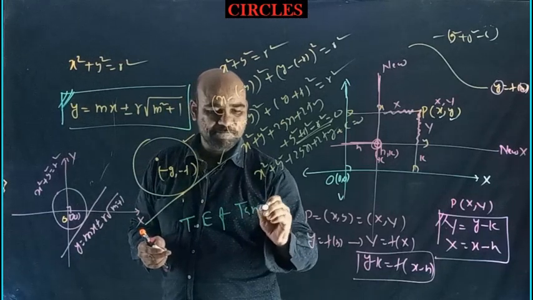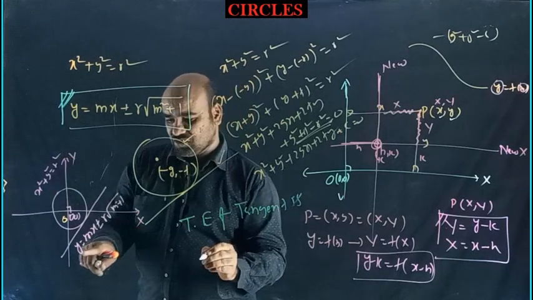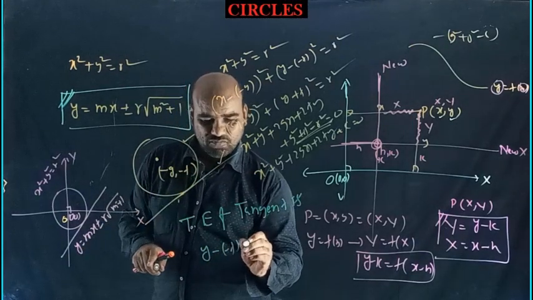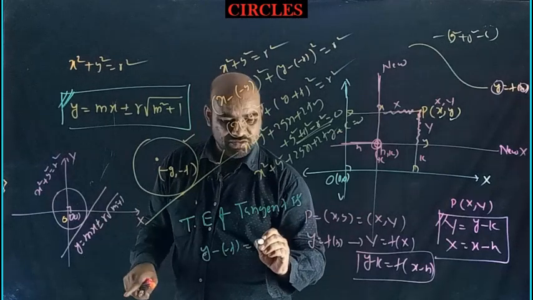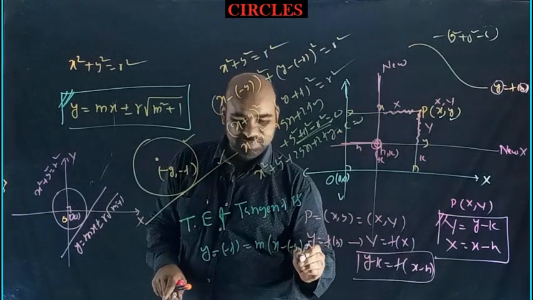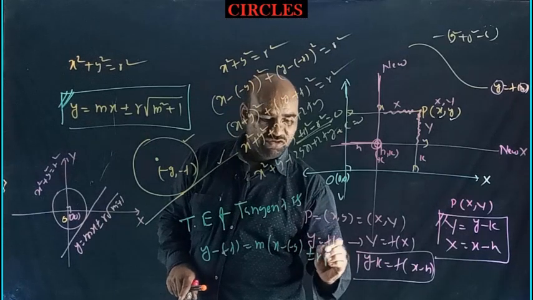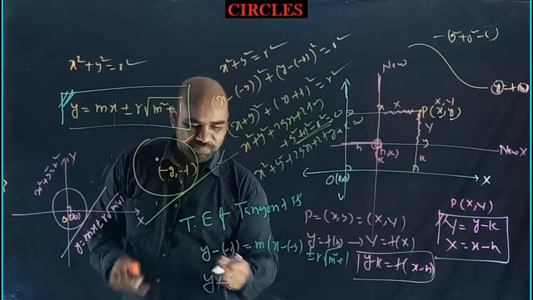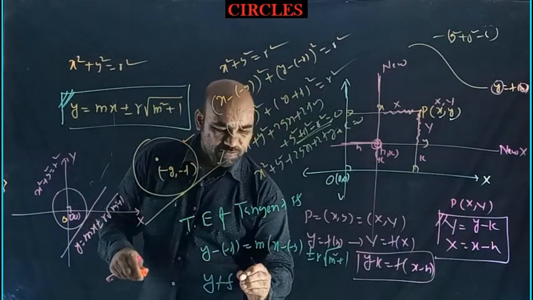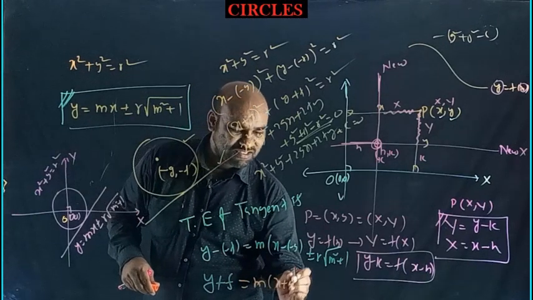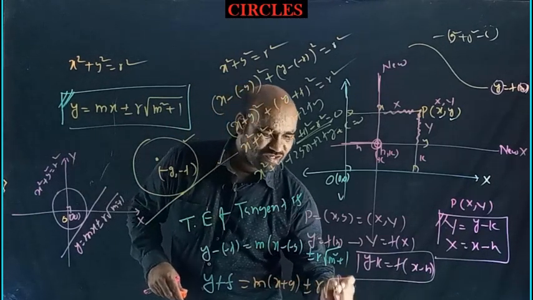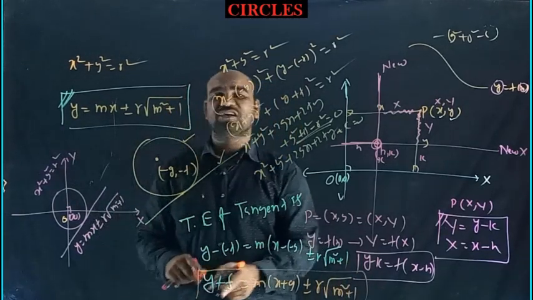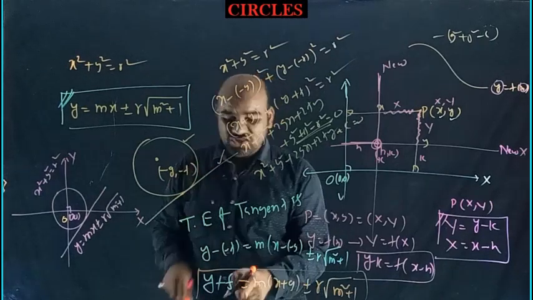So instead of y, I write y minus k, which means y plus f, equals m times x minus of minus g, that is x plus g, plus or minus r times root over m squared plus 1. So y plus f equals m times x plus g plus or minus r times root over m squared plus 1.